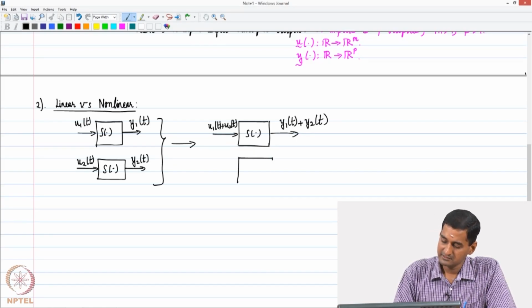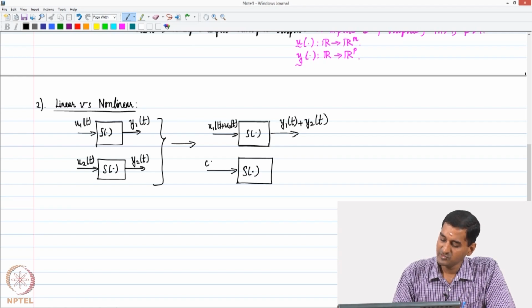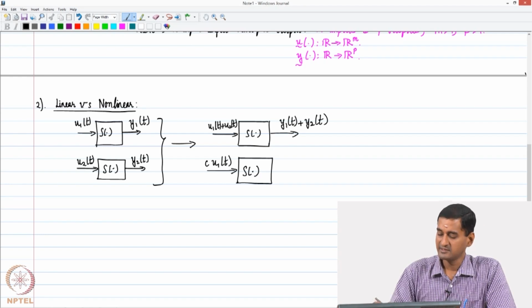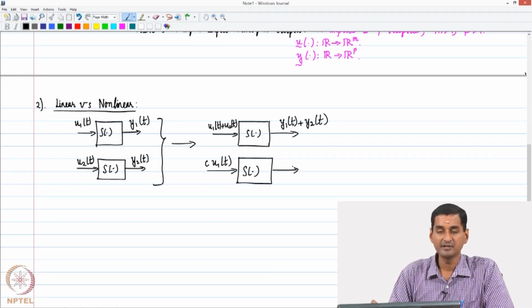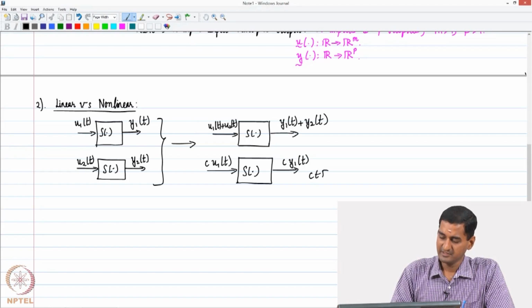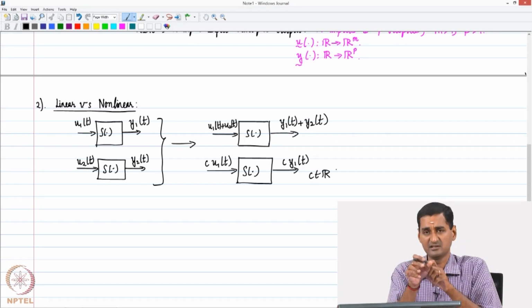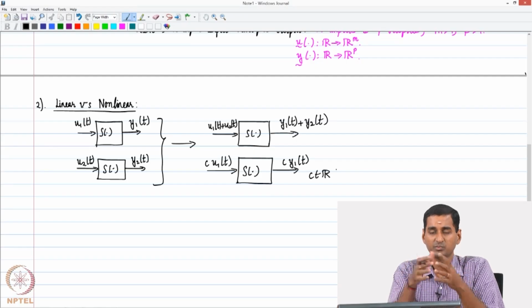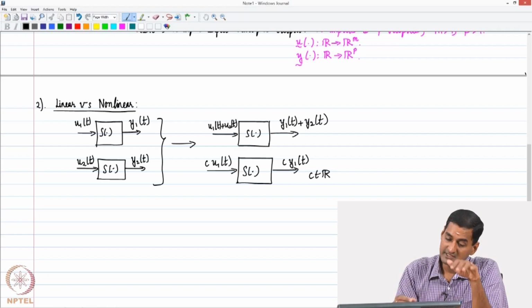and if I give any input which is an arbitrary scalar multiple of, let us say, any arbitrary input u1, and if the output is the same scalar multiple of the corresponding output y1, right, corresponding to u1, then the system is said to be a linear one, okay, provided these two conditions are satisfied.